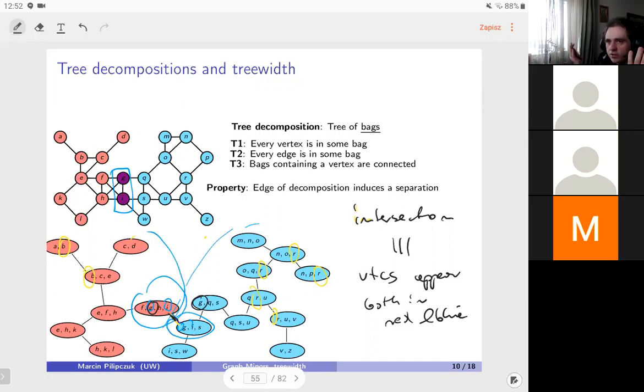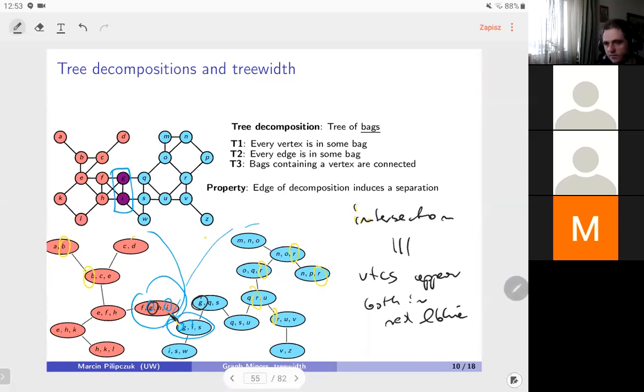Which means that the intersection is really a separator between the red and blue vertices, between the vertices that appear in the red bags and the vertices that appear in the blue bags. And because this is an intersection of 2 bags, it is small, at most treewidth plus 1, and we have got the separators. This is the intuition about sweeping the graph with separators.